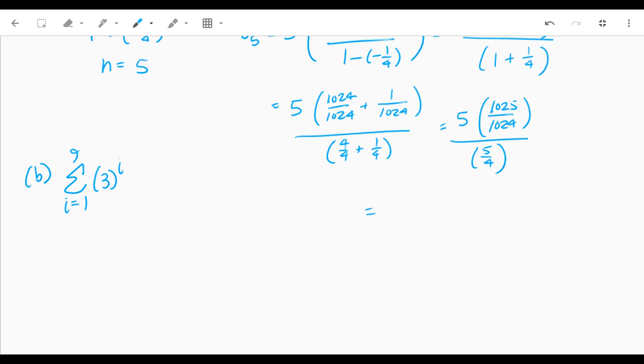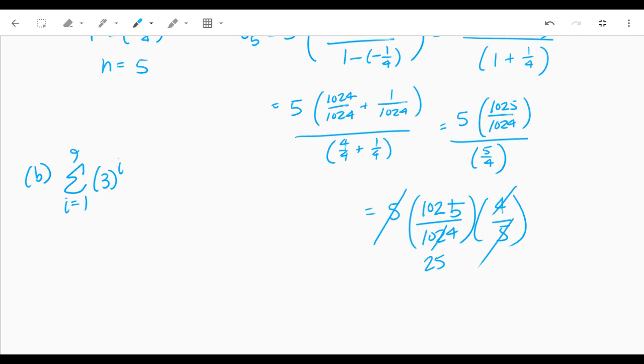So I will have 5 times 1,025 over 1,024 times 4/5. Okay, and again, you'll see that you can reduce these. The 5's cancel out. 1,024 divided by 4 is 256. So I have 1,025 over 256. Okay.